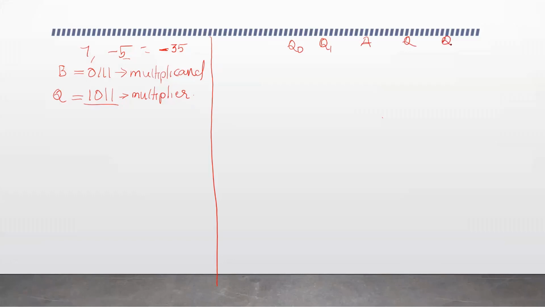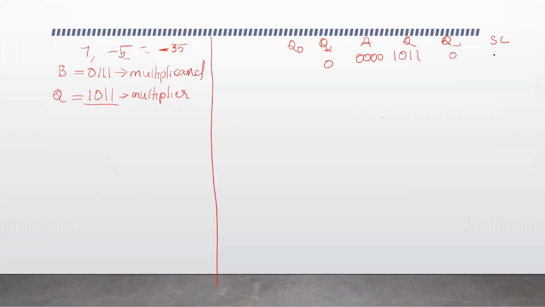For shifting and finding Q minus 1, I'll take Q minus 1 again here, and SC. What is Q? It is 1 0 1 1, minus 5. A is initialized to 0. Q minus 1 is initialized to 0 initially.